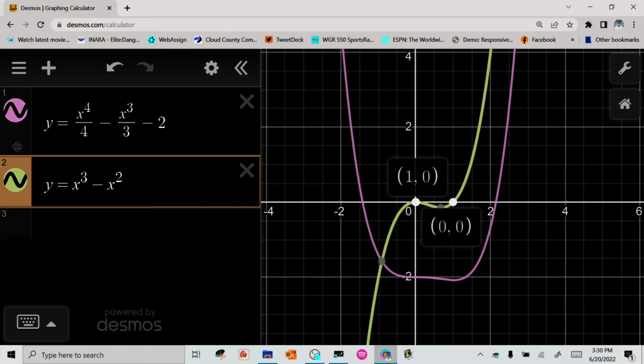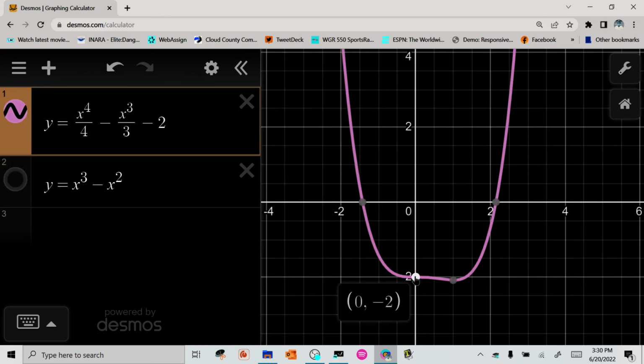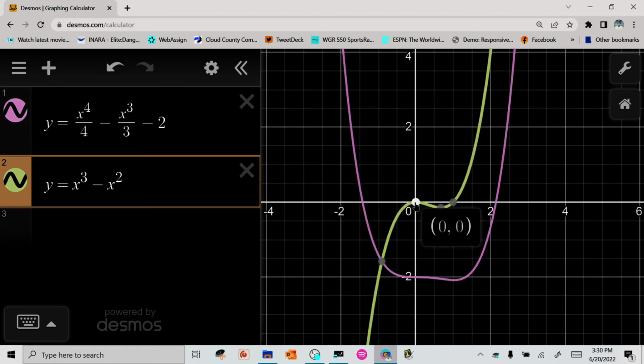On the original function, the critical values correspond to 0, minus 2, which we just found, or the critical points, I should say. The critical points are 0, minus 2 and 1, minus 25 over 12, which I reckon is what that number equals, okay? If you look at the x values, the 0 corresponds to that critical value.